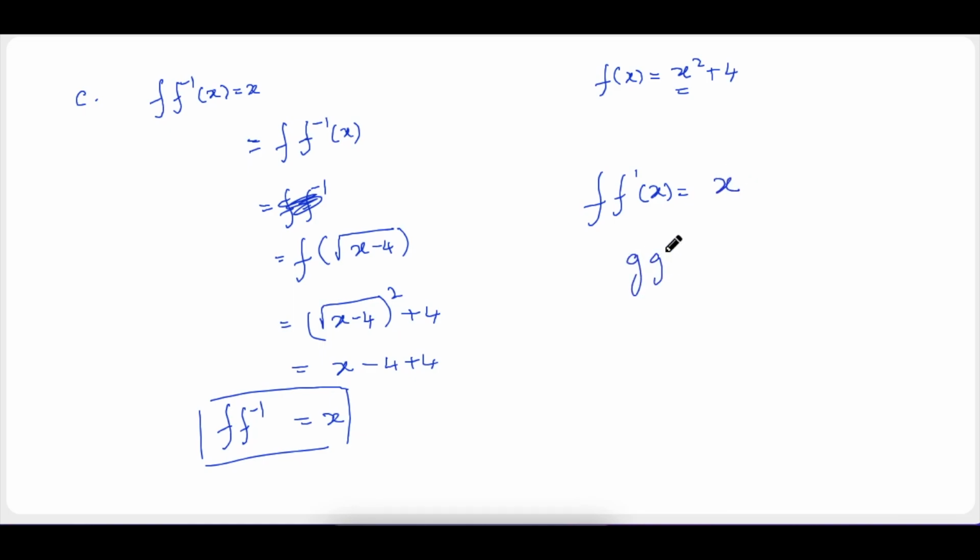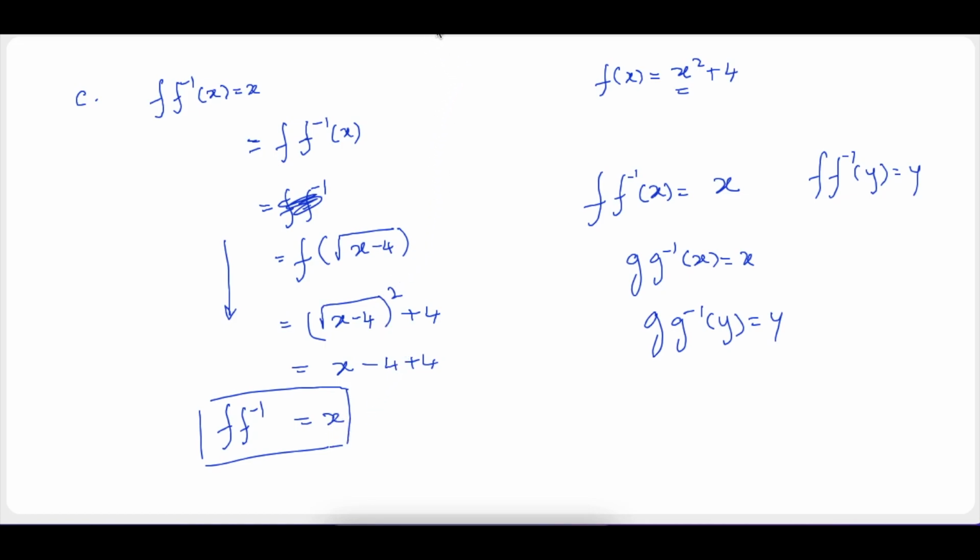Suppose g of g inverse of x equals x, g of g inverse of y equals y. Similarly, f of f inverse of y equals y. So here we have derived to show that f of f inverse equals x.